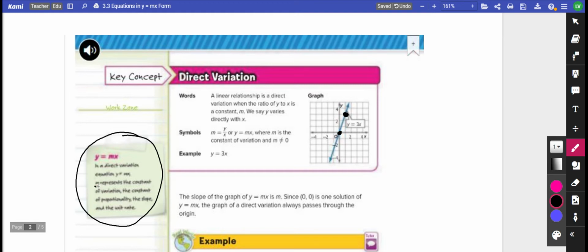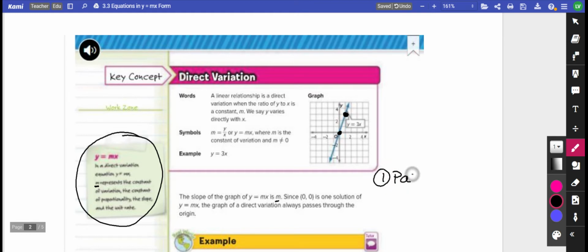All the same name for that one thing. The slope of the graph of y equals mx is m. Since 0, 0 is one solution of y equals mx, the graph of a direct variation always passes through the origin. So there are 3 requirements for direct variation.